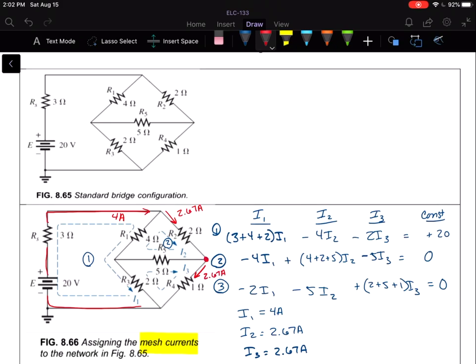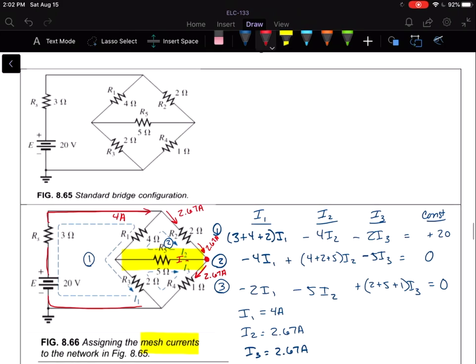Right here at this junction, we have 2.67 amps coming in from that 2 ohm resistor, and we have 2.67 amps leaving through the 1 ohm resistor. So what does that mean for our branch right here? Well, if KCL is correct, there's no current there. Okay. So let's just kind of sit with this for a little bit, leave it the way it is, and we'll come back to that.